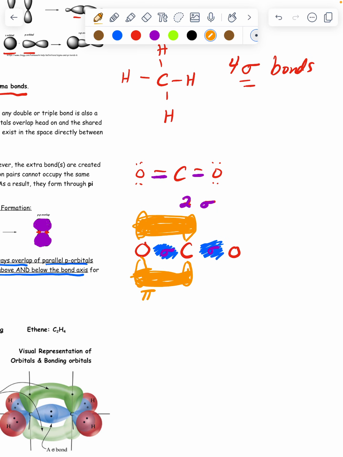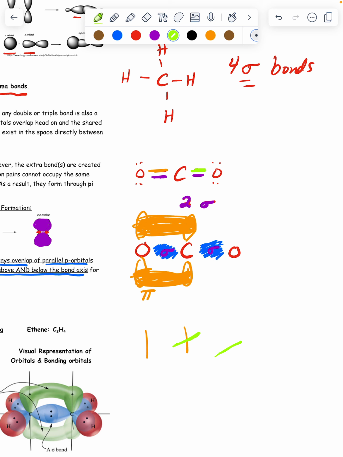So that's the one in orange, and then I'll draw the other in green. Okay, this last bond, where does that go? Well, remember that p orbitals are at 90 degrees from each other. So if the orange bond is straight up and down, then the green one can exist into and out of the page, into and out of the board or my iPad here.